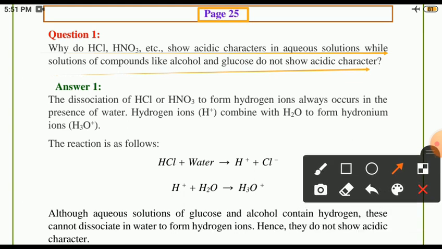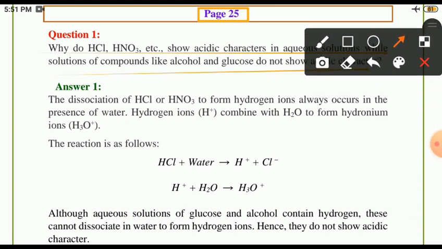Here we should know that the substance which can ionize or dissociate into the water and produce H positive ion can only show the acidic character. Other substances which are not dissociating or not producing H positive ion are not able to show the acidic character.